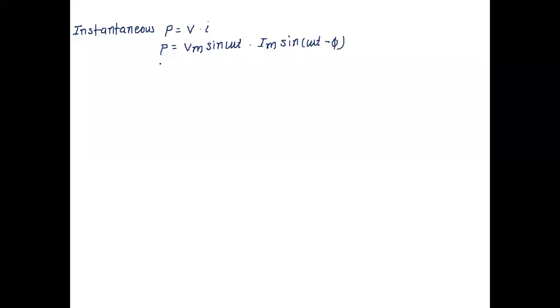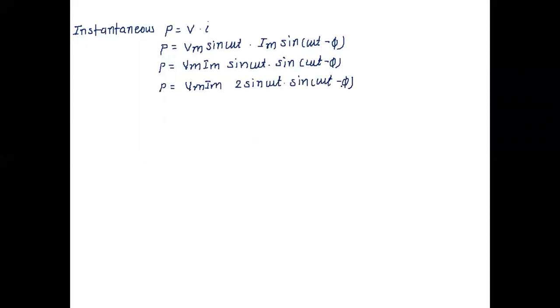So we can write here P is equal to Vm Im sine omega t into sine in bracket omega t minus phi. Also, I can write P is equal to Vm Im upon 2, 2 sine omega t into sine omega t minus phi.